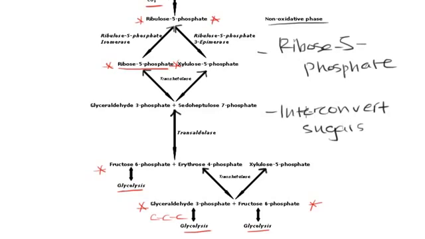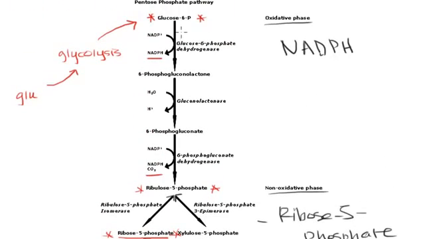So the ability to interconvert sugars through enzymes like the transaldolase and the transketolase will essentially allow cells to produce more ribose 5-phosphate for DNA and RNA synthesis if needed. And now I do want to say this with one caveat, which is although these glycolytic intermediates can be reinterconverted into ribose 5-phosphate, they cannot go all the way up the pathway to glucose 6-phosphate.